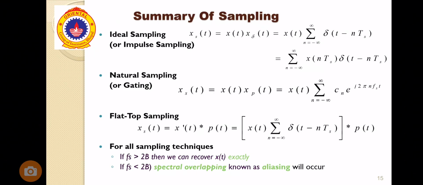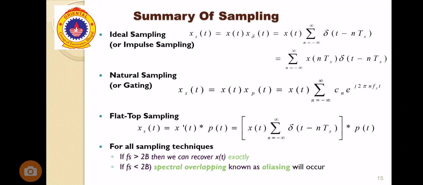So the summary of sampling: there are three types of sampling, ideal sampling, natural sampling, and flat top sampling. The output of ideal sampling is xs(t), which is the multiplication of x(t) and delta Ts(t). Natural sampling output xs(t) is x(t) multiplied with xp(t).